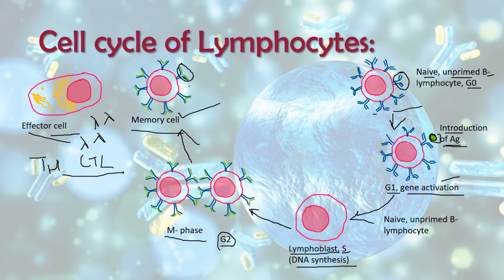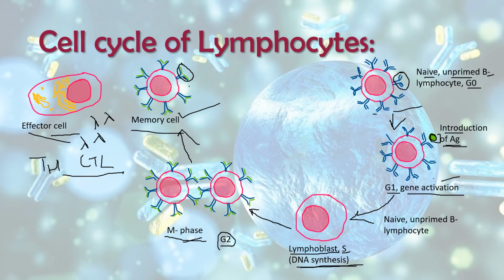During S phase, DNA synthesis, they form the lymphoblast. This lymphoblast during M phase, or mitotic phase, differentiates into clones of lymphocytes, and then they differentiate into the memory cell or the effector cell.